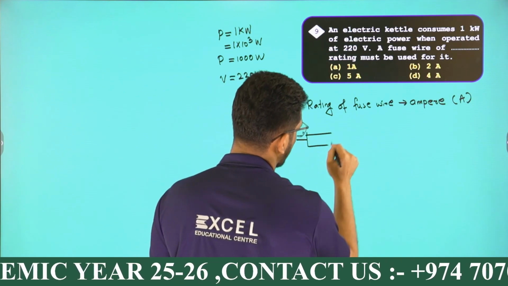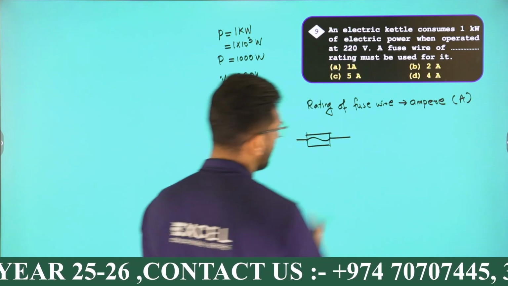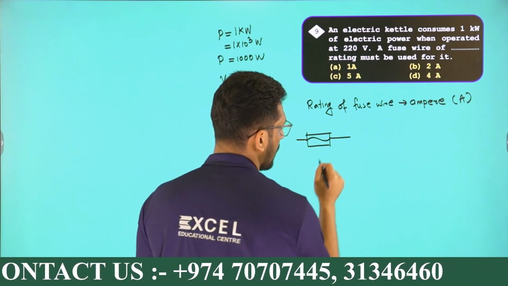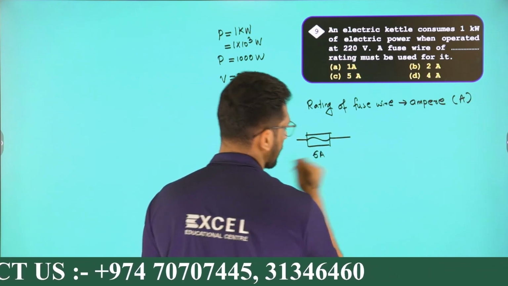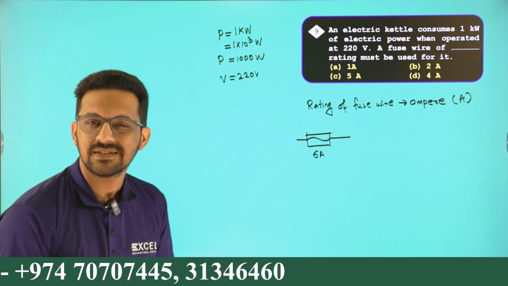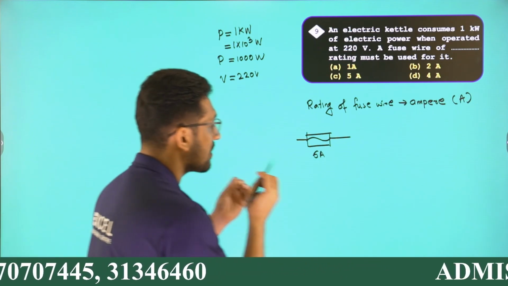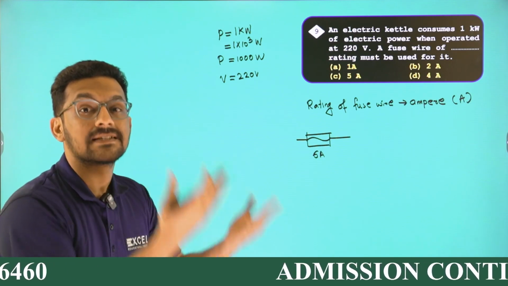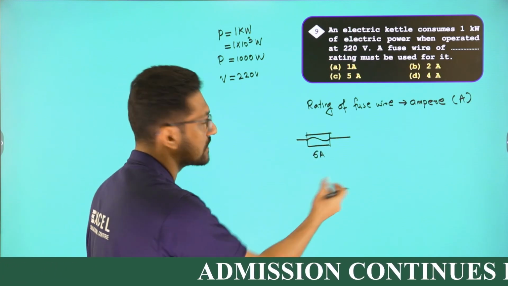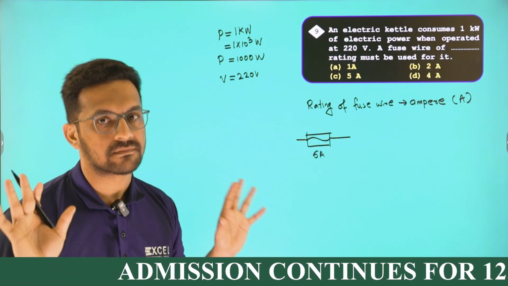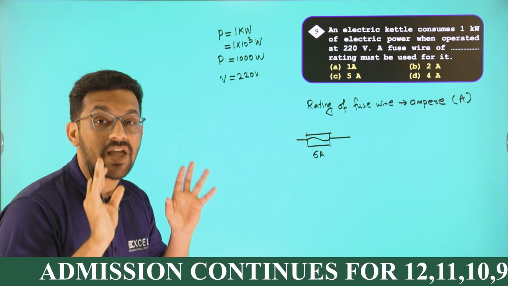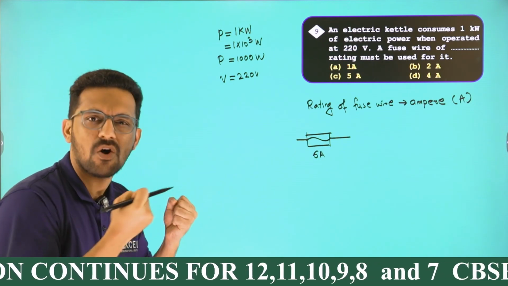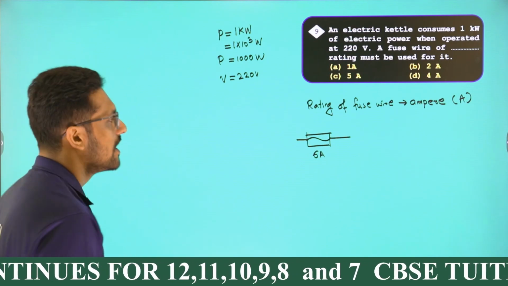If this is a fuse, its rating will be given as a current value like this, 6 ampere. What is the meaning of that? If a current more than this 6 ampere is coming through this fuse, it will melt. Understood? Otherwise, it will hold that current. That's the meaning of that.